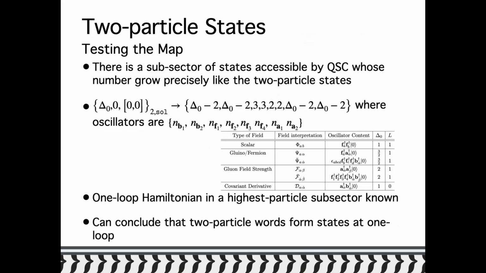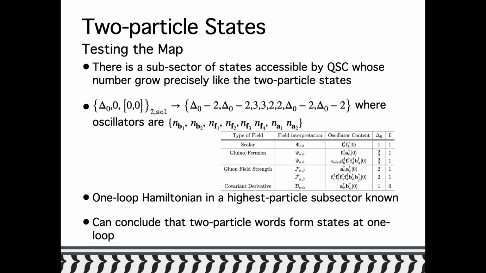So for every choice of the bare dimension, you have a single multiplet in N equals 4 Yang-Mills which gives you these states. And lastly, for the highest particle subsector, the one-loop Hamiltonian is known, and it is known that the states that are captured are not those highest-particle states.